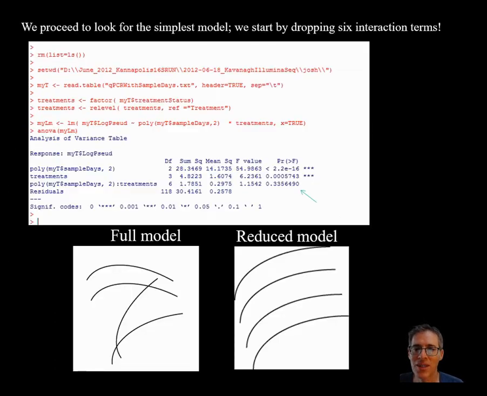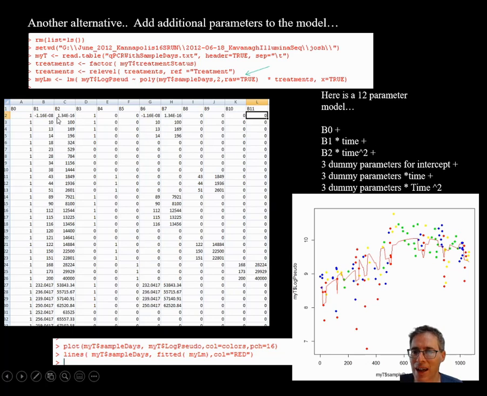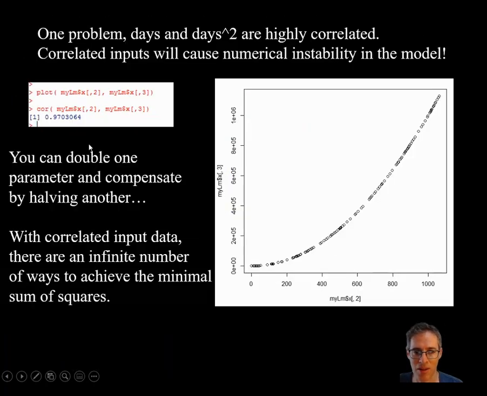What you noticed here, if we look at time and time squared, I had this option raw equals true, but by default, most of the time you would leave that off. When you say raw equals true, you get this relationship between time and time squared that plots out like this.